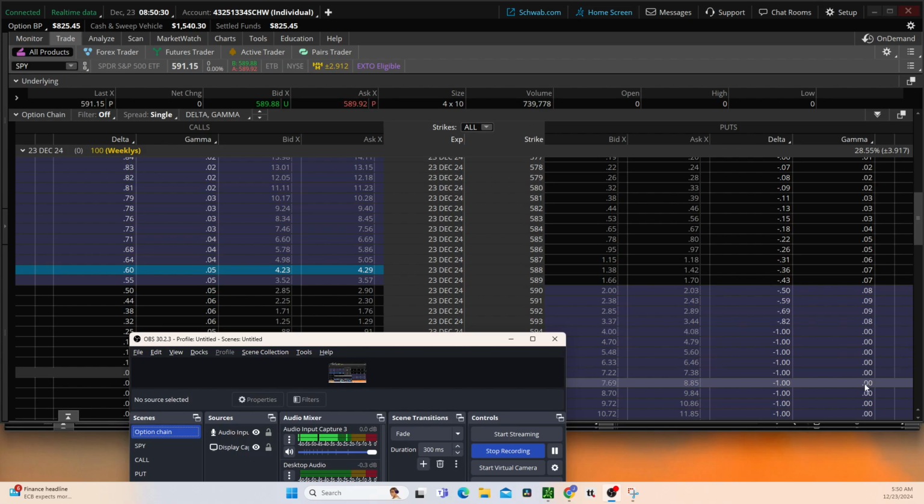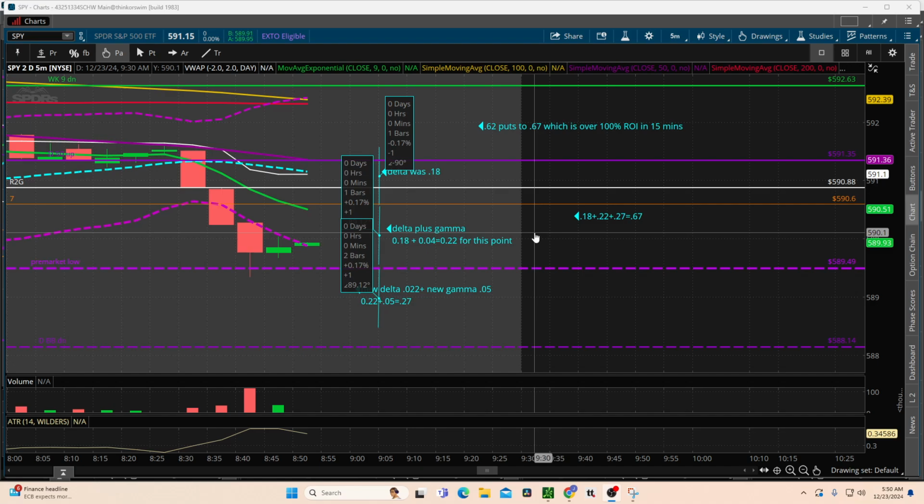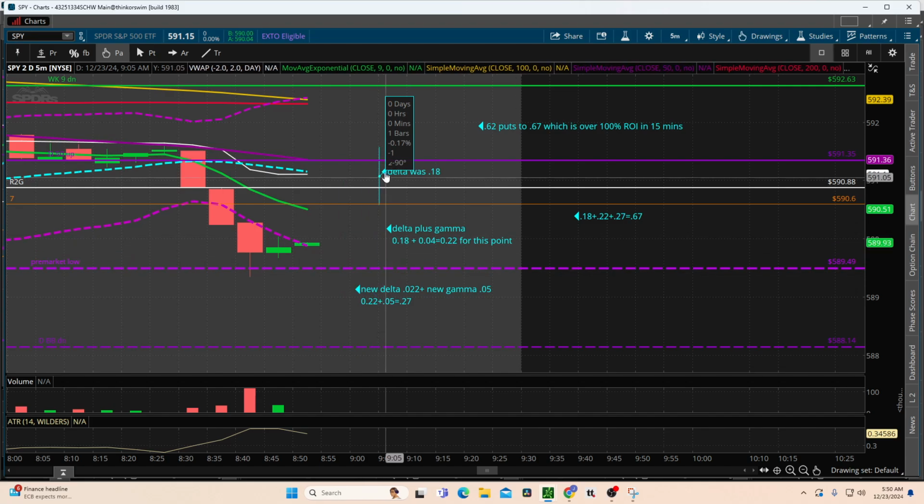So it can't gain any more gamma because for every dollar SPY moves, you're making $1. So you're 100% delta. Okay. And that's it. That's actually a really good video explaining options and why we trade options and how much money we can make in options.